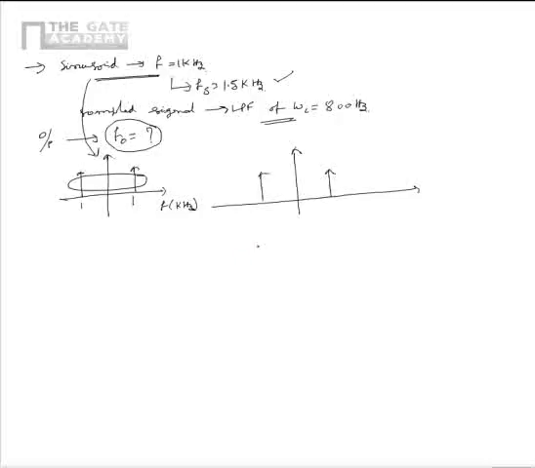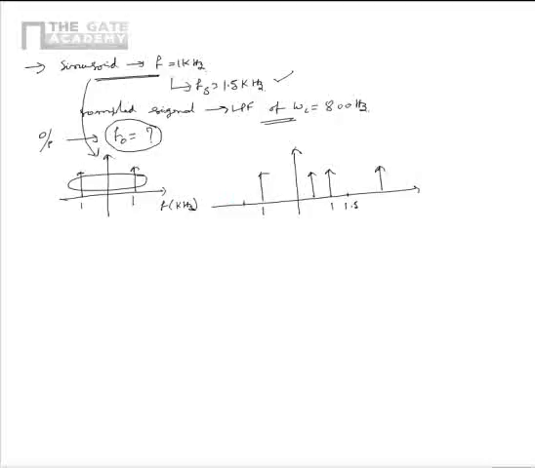So, this is the frequency spectrum which is centered at 0 kilohertz. Now, there will be another spectrum which is centered at 1.5 kilohertz, because of which we see that there are two impulses at 0.5 and 2.5 kilohertz.